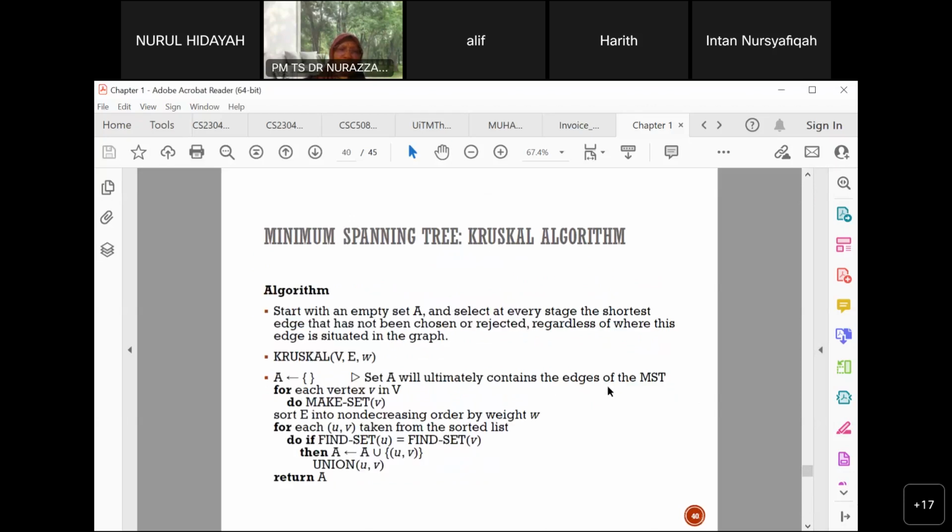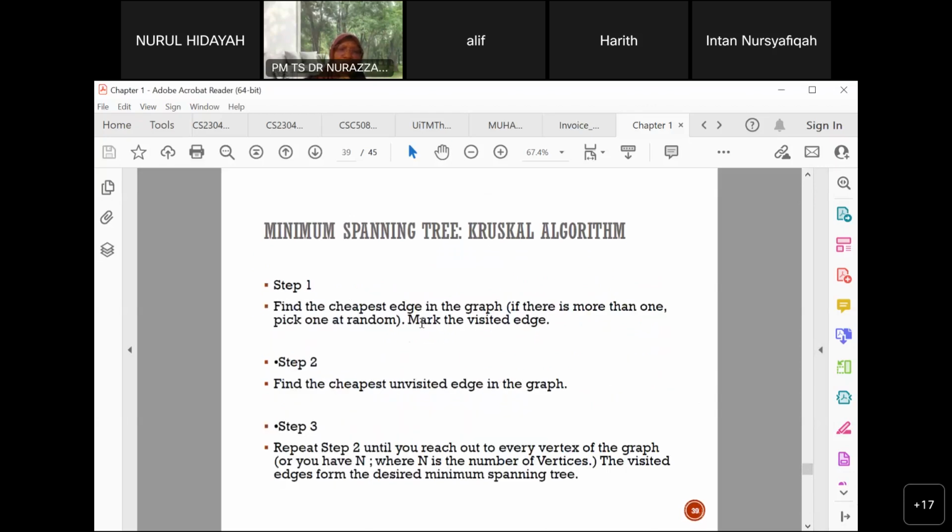Okay, step 1. Find the cheapest edge in the graph. If there is more than one, pick one at random and then mark the visited edge. Step 2, find the cheapest unvisited edge in the graph. That means kita akan cari yang paling rendah lah. Mana yang paling edge yang paling kecil sekali.